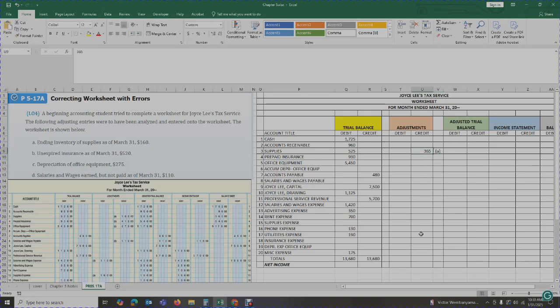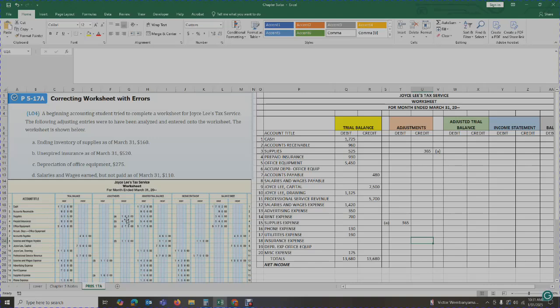Where do I keep track of the supplies that we've used? We always hit an expense account. So I have used $365 of supplies. That means I am going to debit my supplies expense by $365 and credit my supplies $365. Now let's look at what the student did.